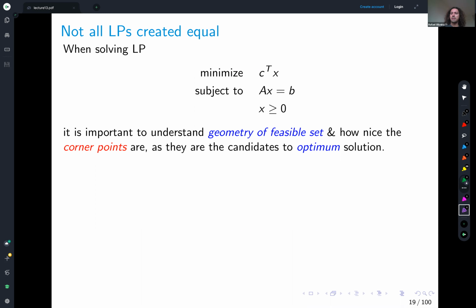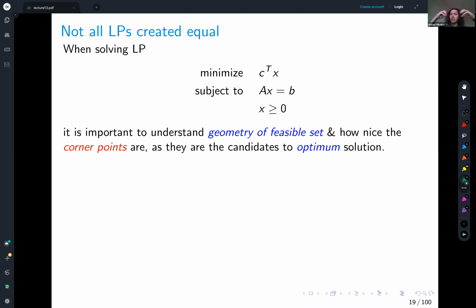Because of that, it's important to understand the geometry of your feasible set and how nice the corner points are. And you're going to see that in homework problem 1. Homework 4 is already online. You're going to study a little bit how nice the corner points of your linear programs are, because they're the candidates to the optimum solution, right? So not all LPs are created equal.